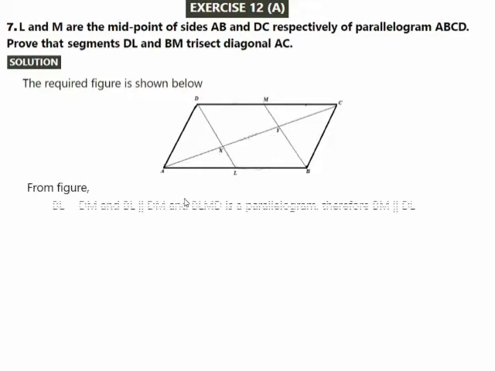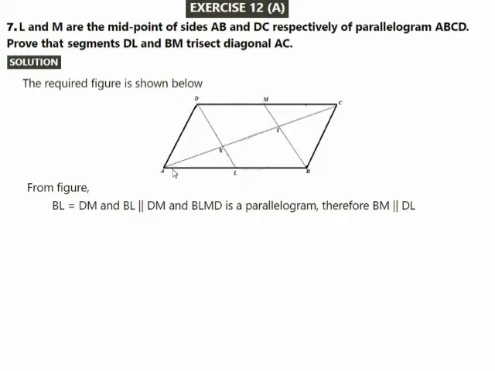From the figure, see very carefully, BL is equal to DM. BL is this one. Why?